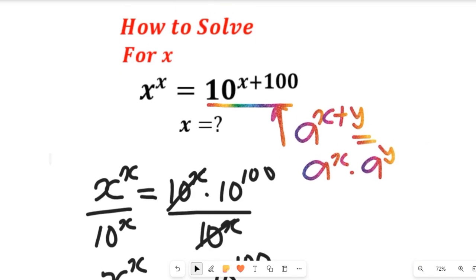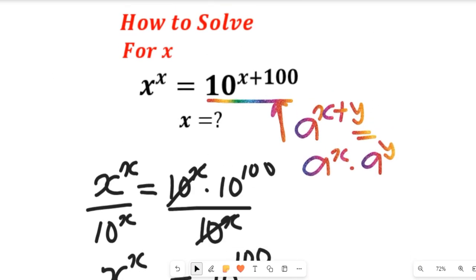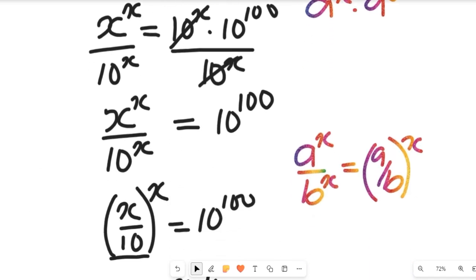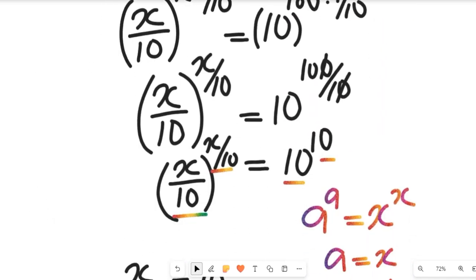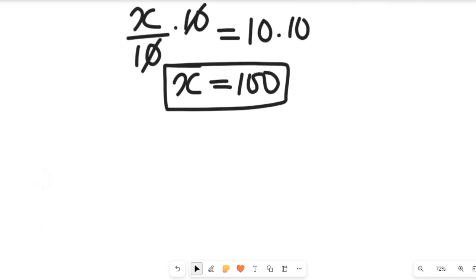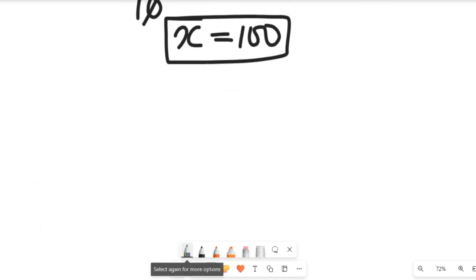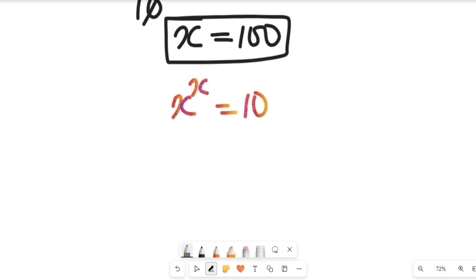Now I want you to look at something. Let's test to see if that solution is actually correct. What is our initial question given? We are given x to the power of x equal to 10 to the power of x plus 100.